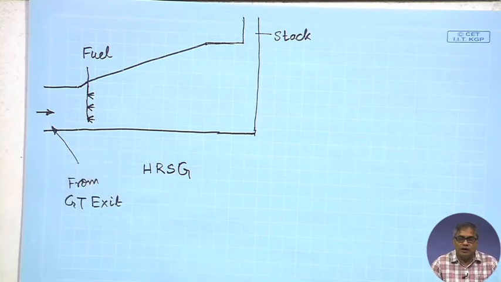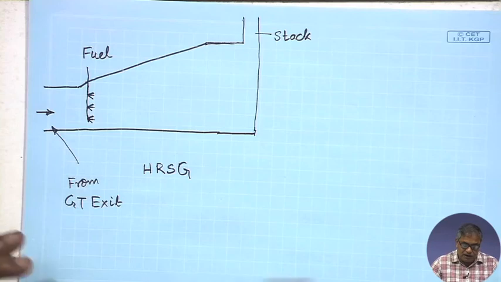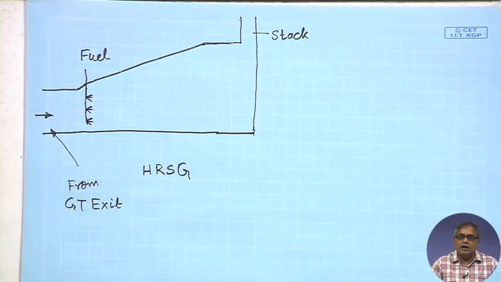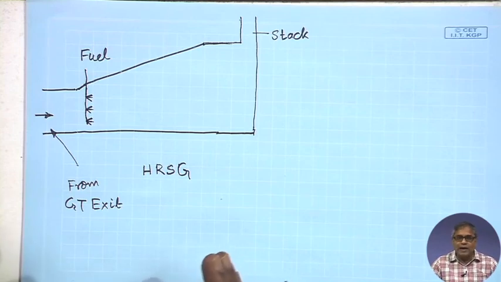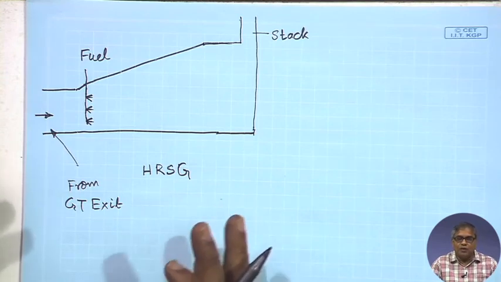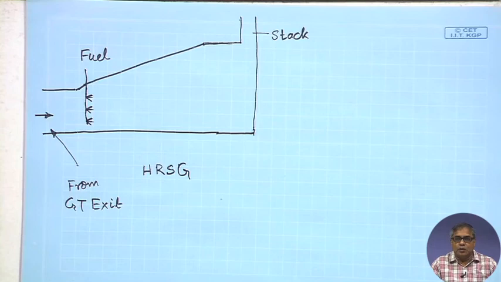So, what is the effect of this? Obviously, this will increase the temperature of the gas and it will also increase the volume of the hot gas because of this combustion. So, we will have the advantage that now we can generate more power from the bottoming cycle. We can have more variation of the steam power cycle, which is our bottoming cycle, and we can generate more power.